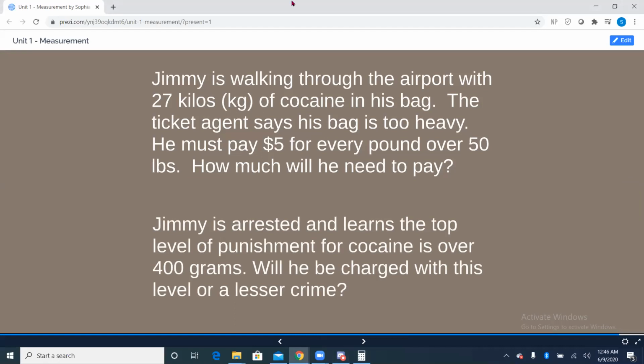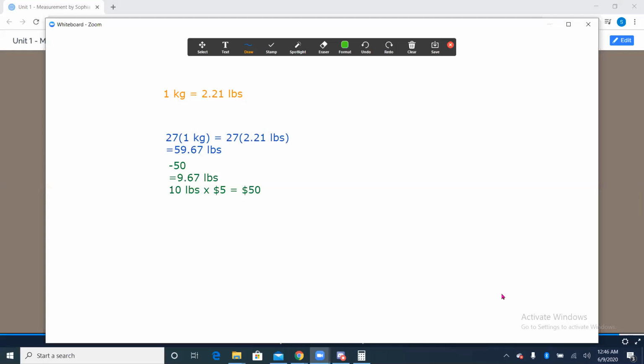So going back to my whiteboard, I said before that the acronym that I use is King Henry died by drinking chocolate milk.